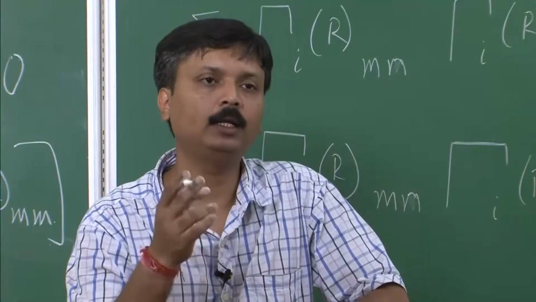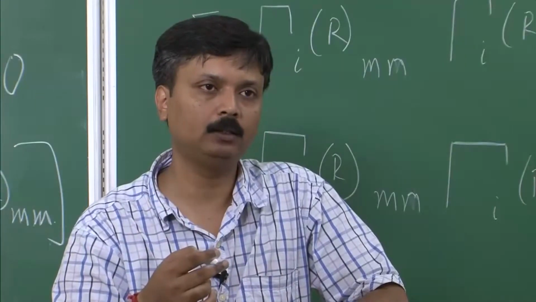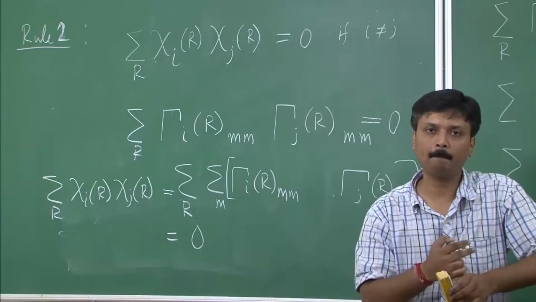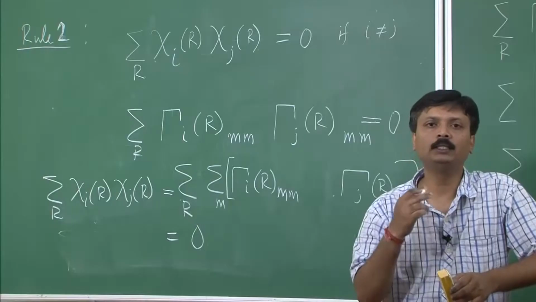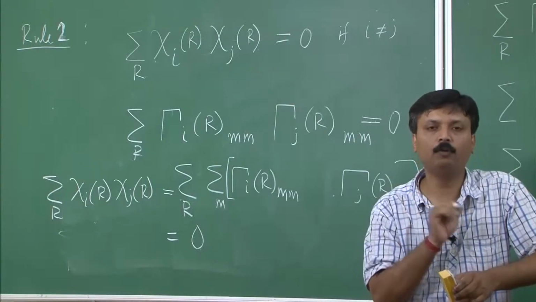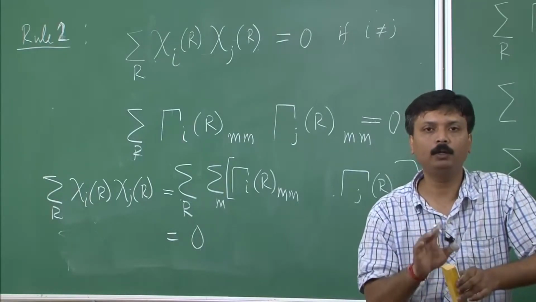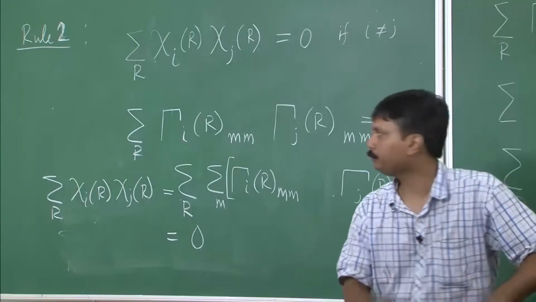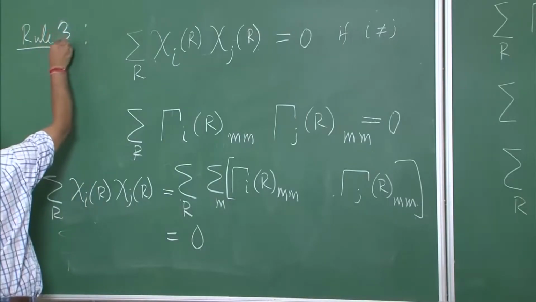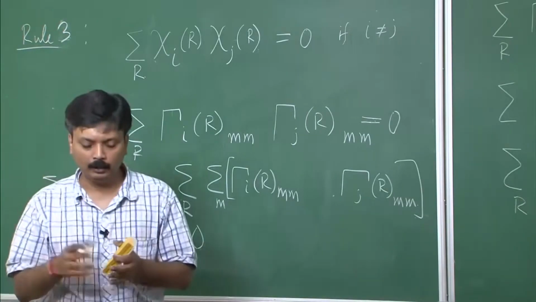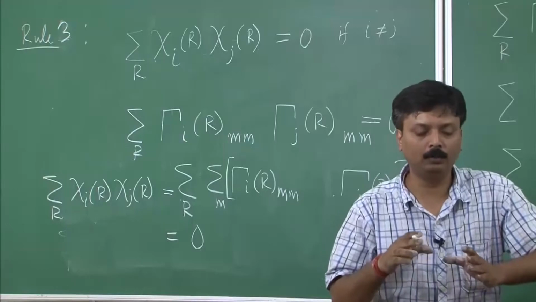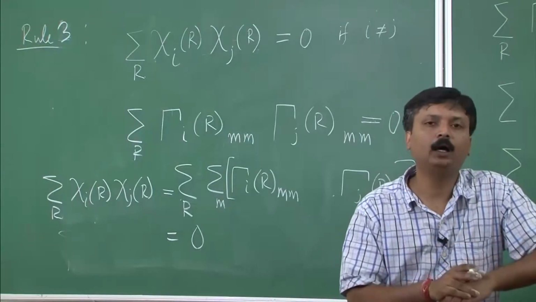If they are conjugate, then their corresponding matrix representations, whether reducible or irreducible, will also be conjugate to each other. That means they are related through a similarity transformation. Therefore, their characters will be identical, which we have already proven. So the characters for all the symmetry operations belonging to a particular class are identical.